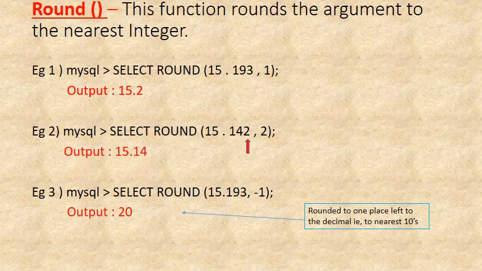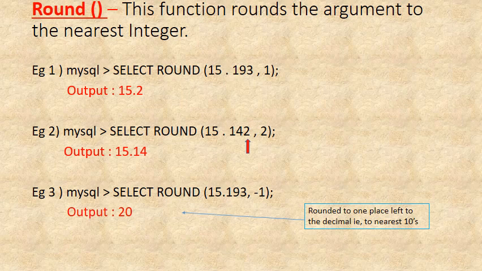Round function. This function rounds the argument to the nearest integer. We can discuss this function through some examples. The first one, select round(15.193, 1). Here, two arguments are there. The second argument is 1. That means we have to round the given number 15.193 to 1 decimal place.